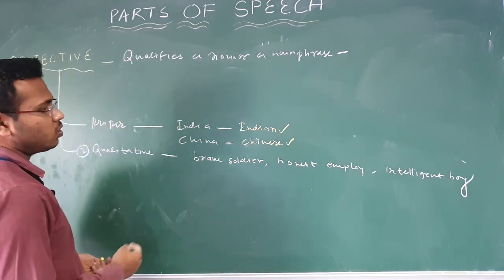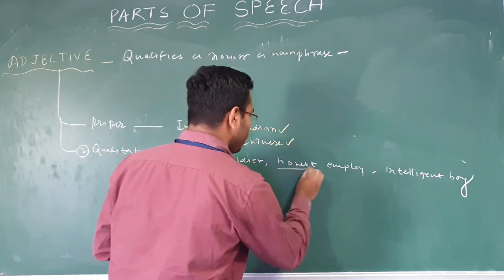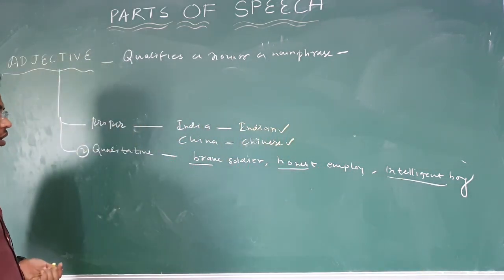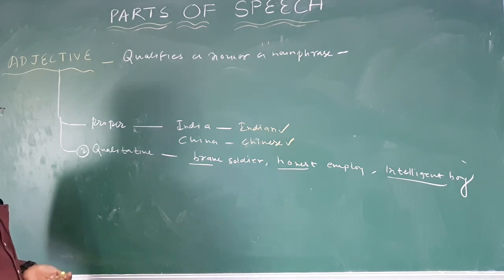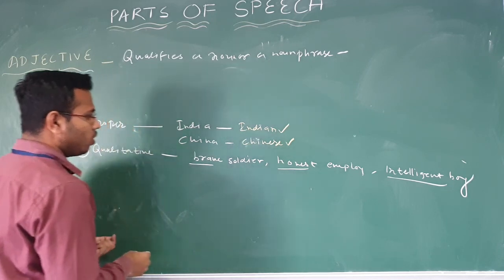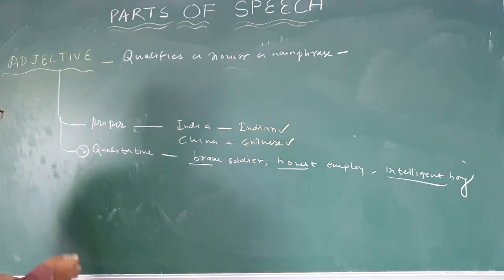Here these words are qualifying the nouns and showing the quality of a noun. So brave, honest, intelligent are qualitative adjectives.